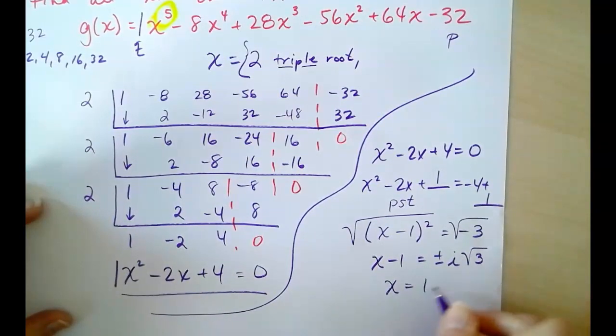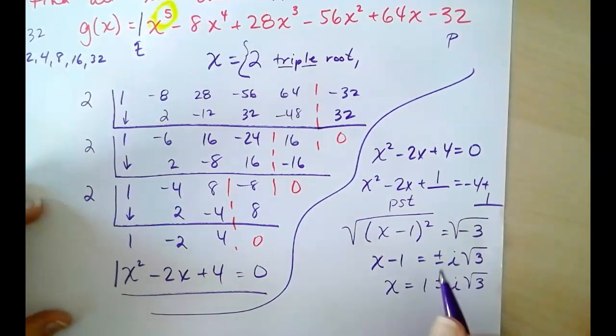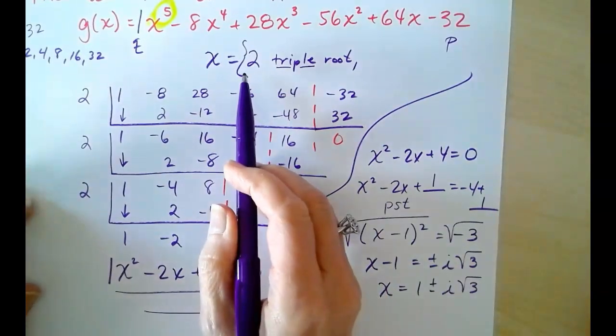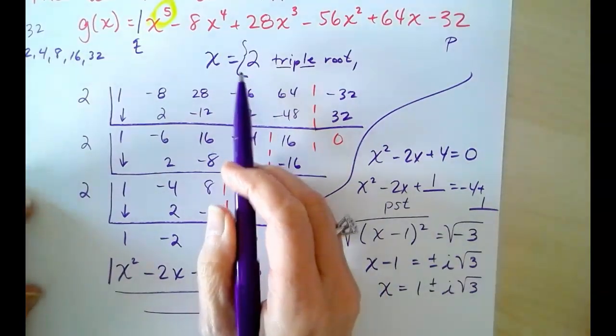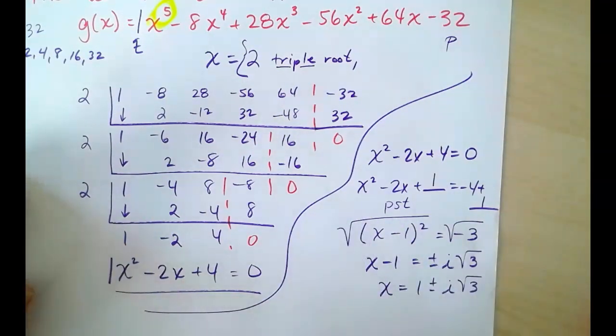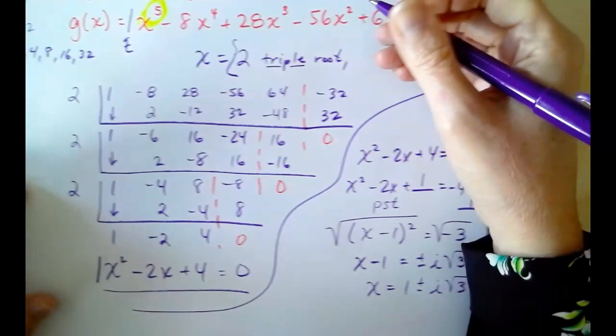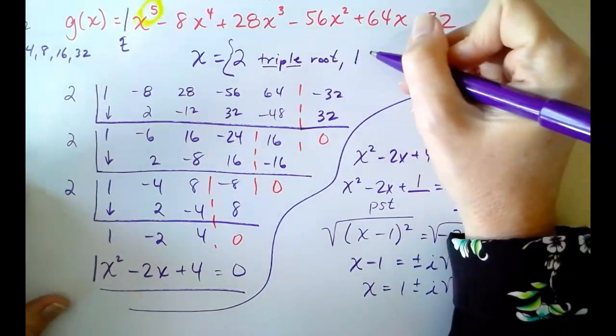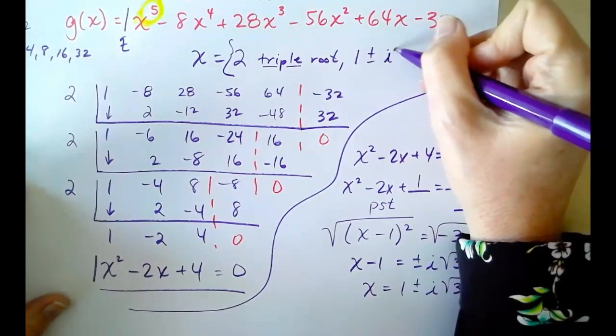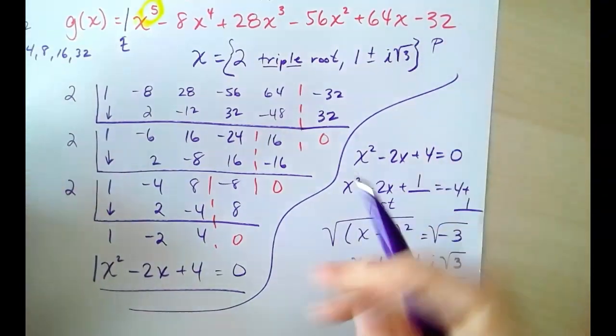X equals 1 plus or minus i root 3. So we've got 2 as a triple root. So x minus 2, x minus 2, x minus 2, and then 2 more imaginary roots here. 1 plus or minus i root 3.